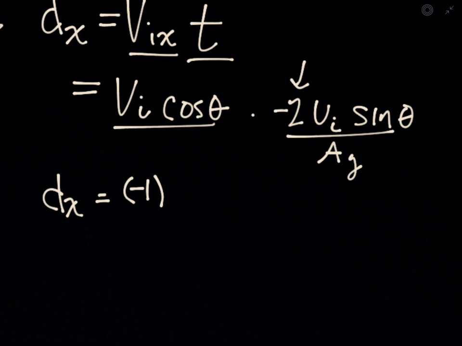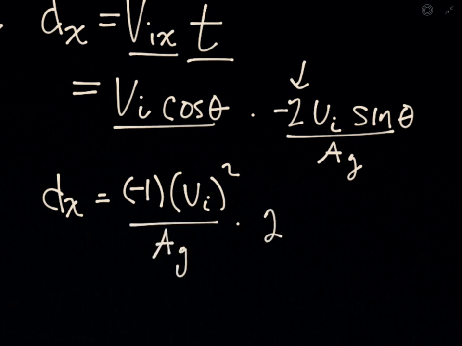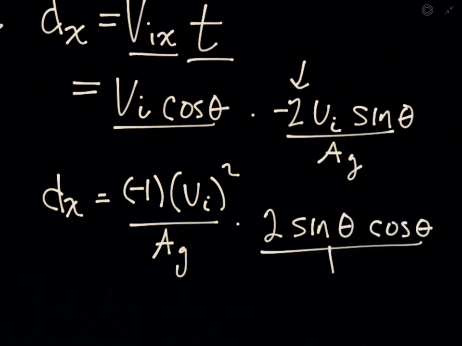So we'll make it -1 times the initial velocity squared all over the acceleration due to gravity times 2 sine theta cosine theta. We know that 2 sine theta cosine theta is just sine of 2 theta, which is awesome. So we can just substitute that in there.